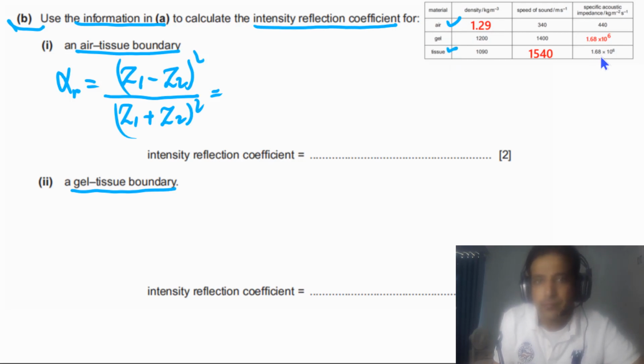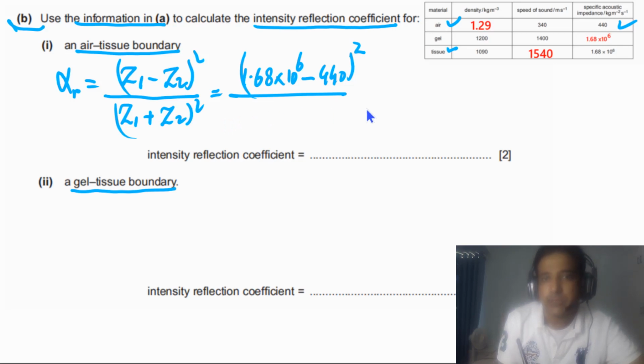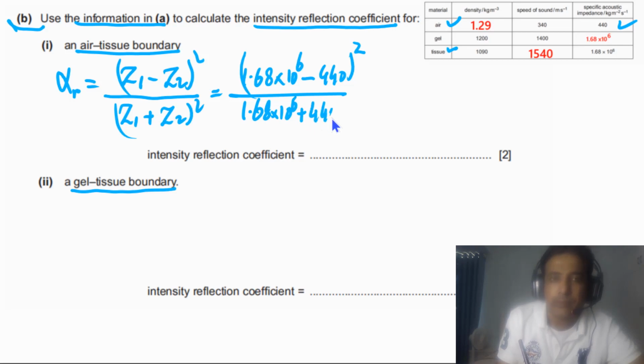For tissue we have value of Z equal to 1.68 times 10 to 6, minus for air we have 440, then square of this, divided by Z1 plus Z2. So we have 1.68 times 10 to 6 plus 440, squared.